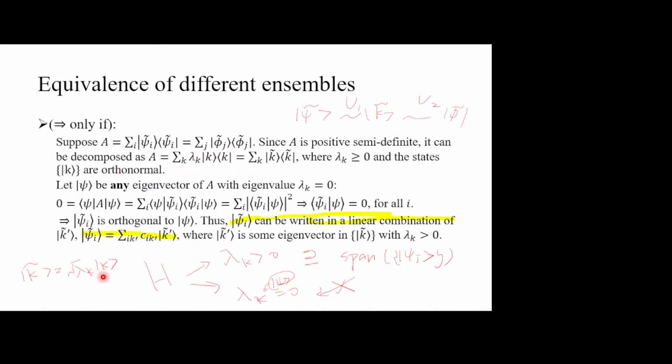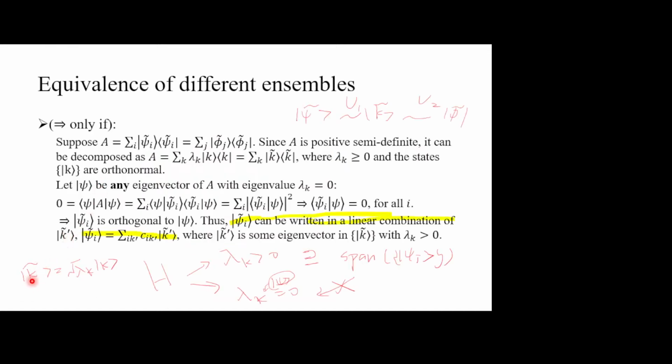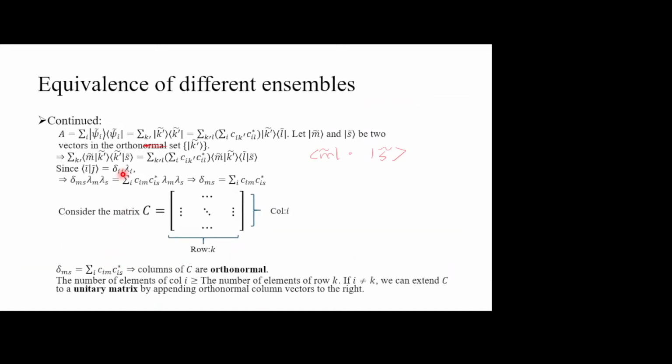Remember k is also an orthonormal set, and you have k tilde equal to square root lambda k times k, so k tilde squared is equal to lambda k. So you see that i tilde j tilde equals 0 if i is not equal to j. When i equals j, you have i tilde inner product with itself, which just gives lambda i. So this thing is delta ij times lambda i.